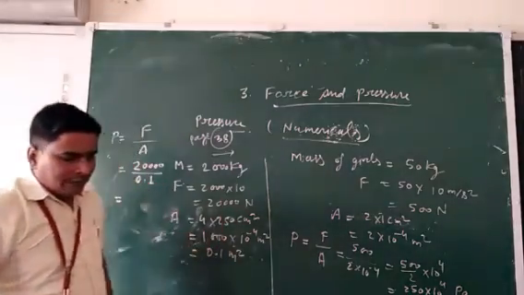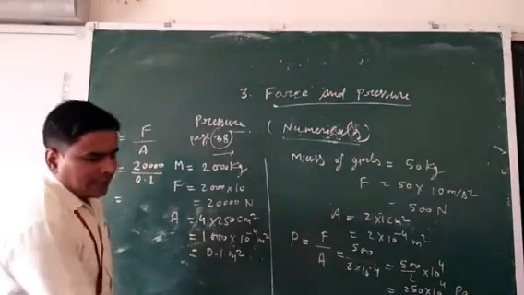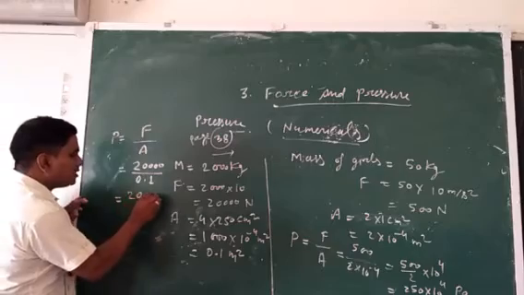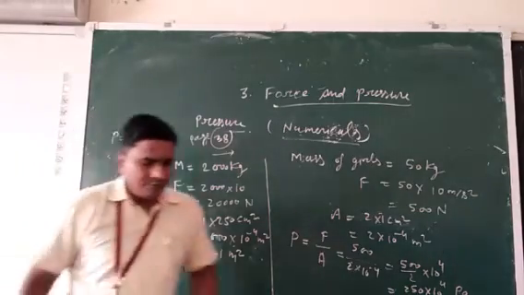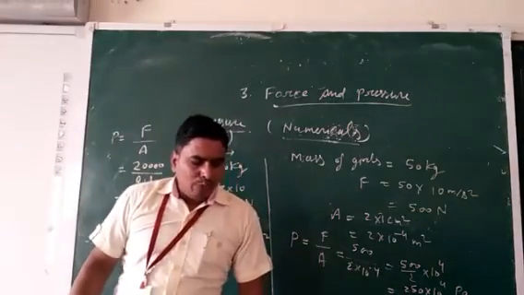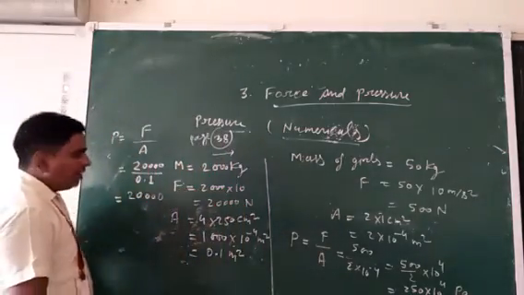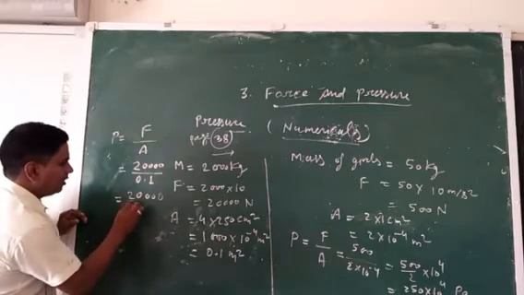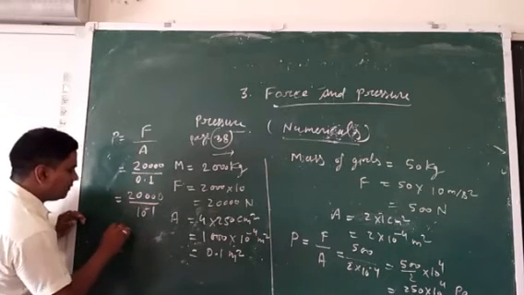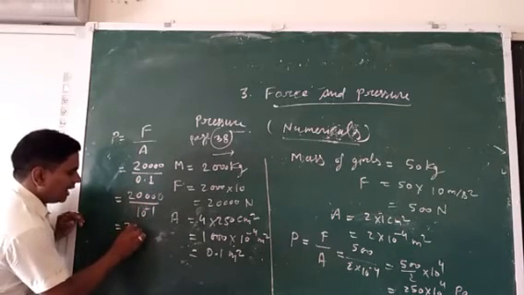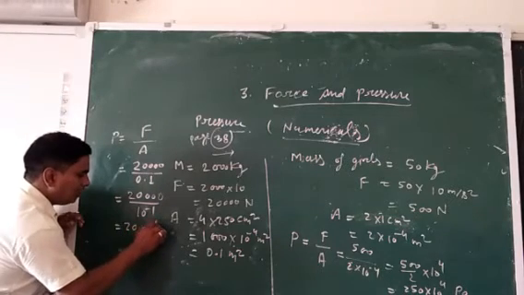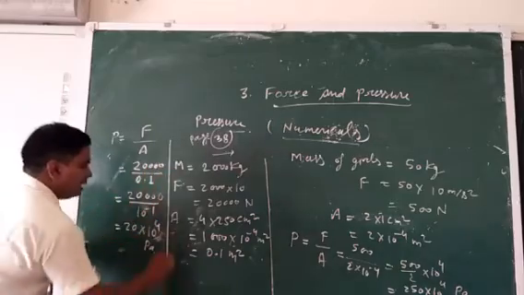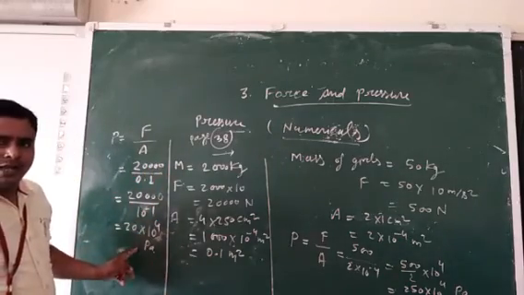If we solve this, we will get the value of the pressure. 0.1 means 10 to the power minus 1. So we can write this as 20 into 10 to the power 4 Pascal. Clear?